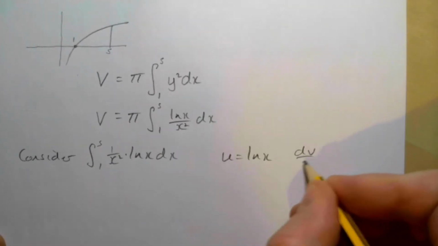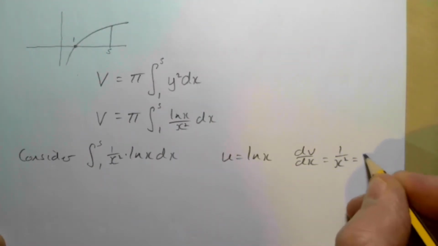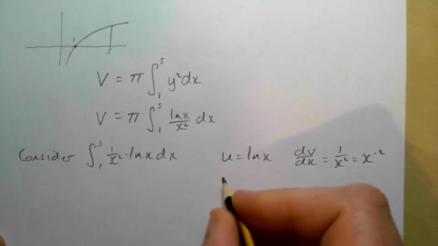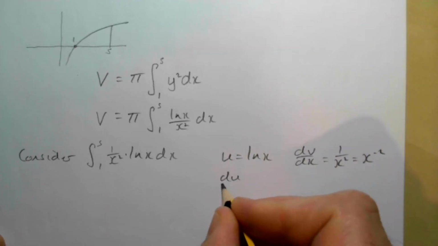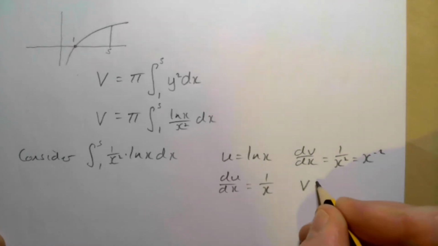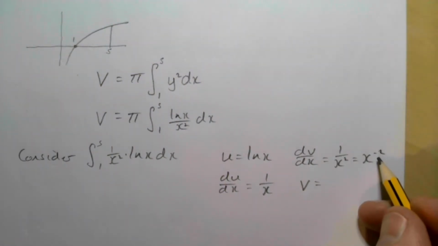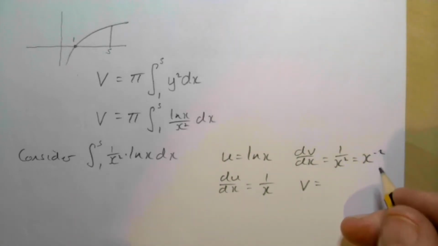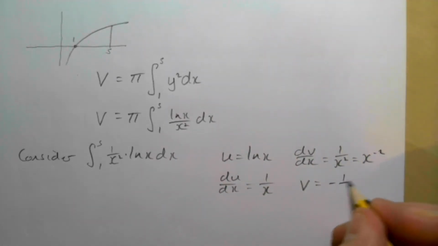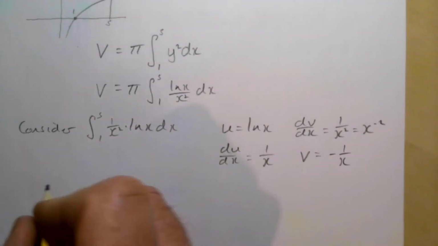And then dv by dx is 1 over x squared, or x to the minus 2. du by dx is 1 over x, and then v, if you integrate that, you add 1 to the power to get minus 1, and then divide by minus 1, so it's going to be minus 1 over x.